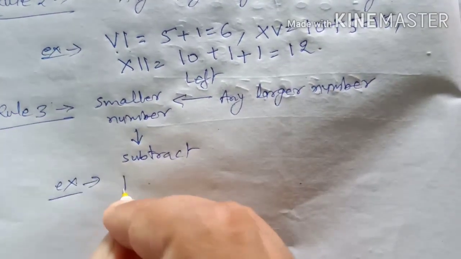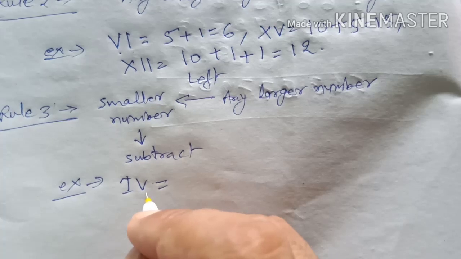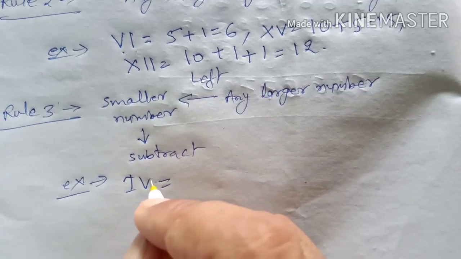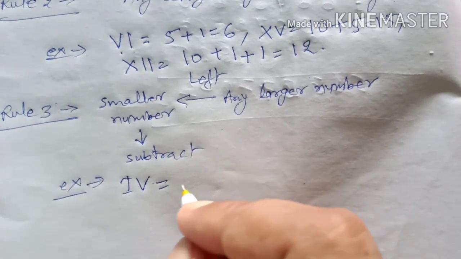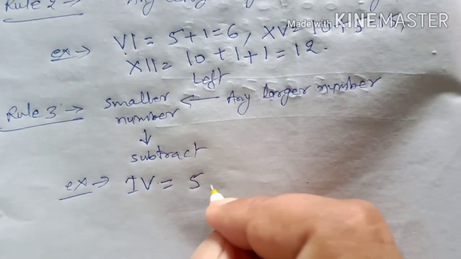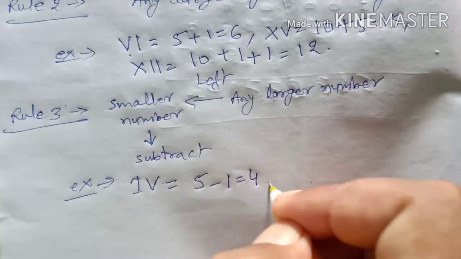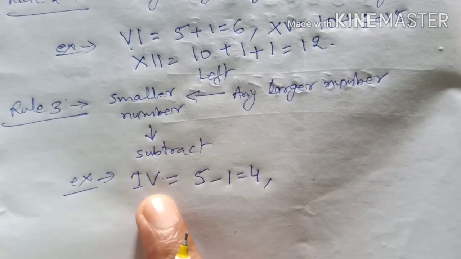See example, IV. I is the smaller symbol, V is the larger symbol. I lies to the left of the larger symbol V. It means it will be subtracted. So 5 is subtracted by 1 and this will come 4. So IV means 4.